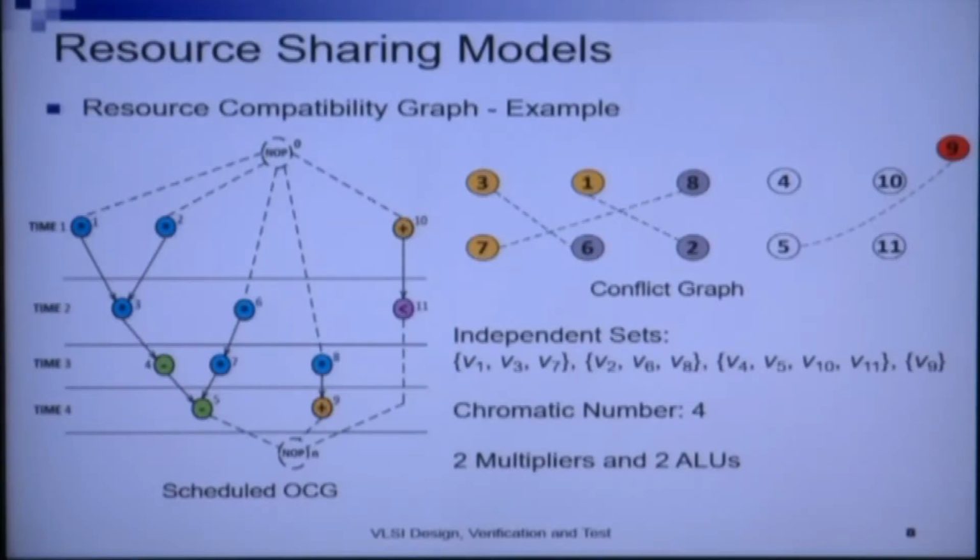Example of a conflict graph. In this, we see that 3 and 6 share an edge. Why? Because 3 and 6 are operations of the same type and being scheduled in the same time step.